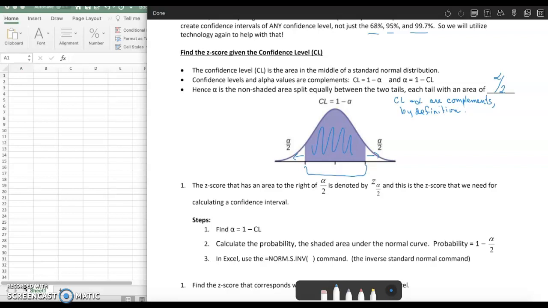And this is the z-score you need if you're going to create a confidence interval. So that z sub alpha over 2 is this z value right here. It has an area to the right of alpha over 2. So that's what we're going to be finding.